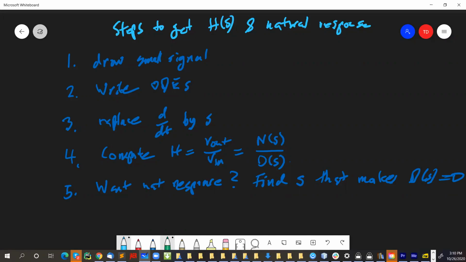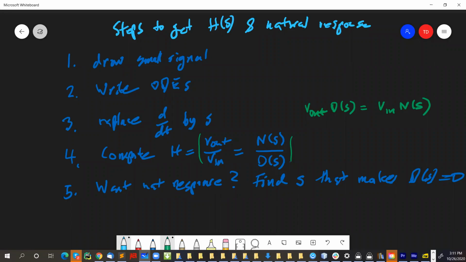So look at this equation here. If I write out this equation, then I can write that V out times D of S, where D of S is a polynomial in S that involves the R's, the C's, and stuff like that, equals V in times N of S. Okay, what does natural response mean? Natural response means how does V out respond when V in is equal to 0?